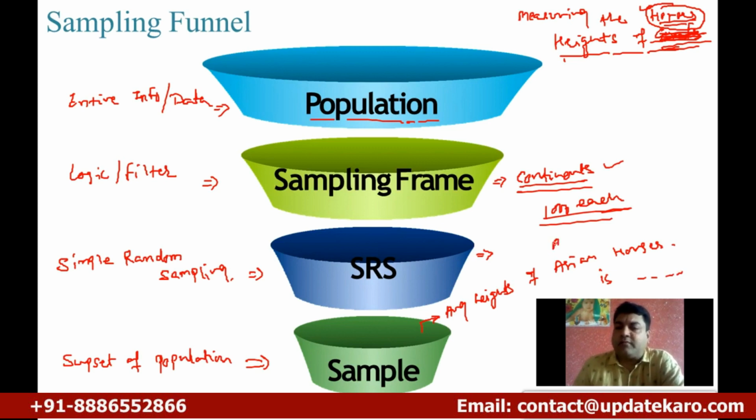Similarly, I may have it for African horses. Right? But when I am talking about African horses or Asian horses, am I saying that each and every horse is about this height, maybe 5 feet 6 inches?